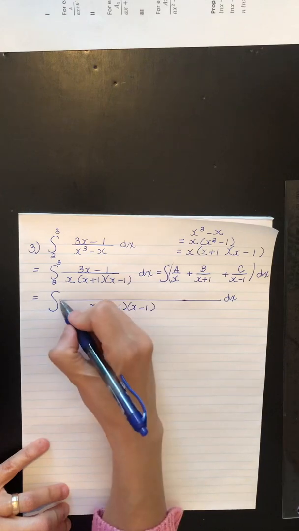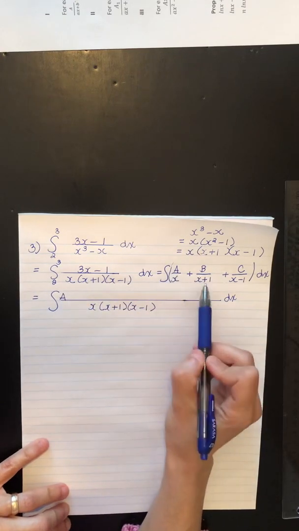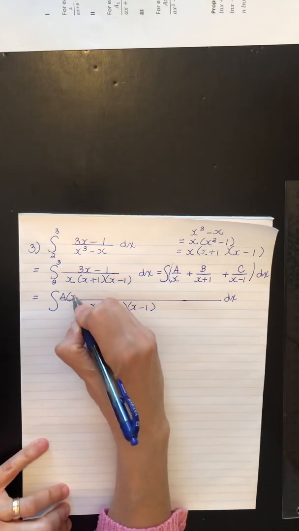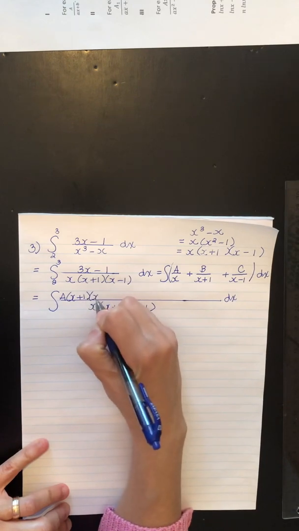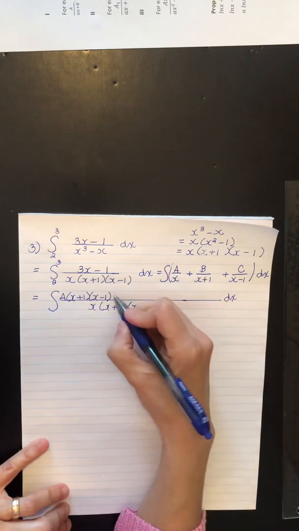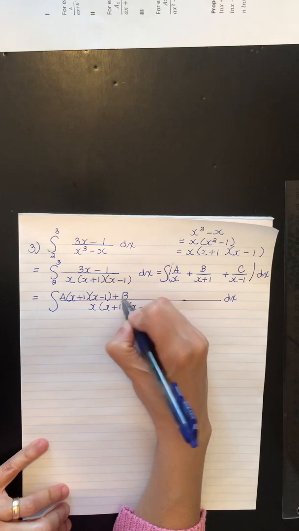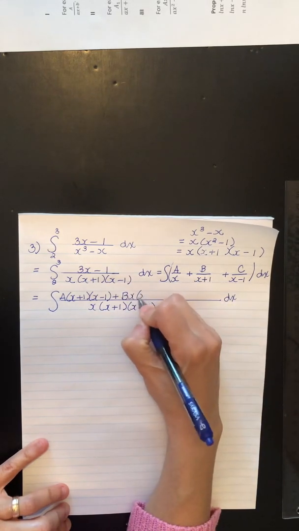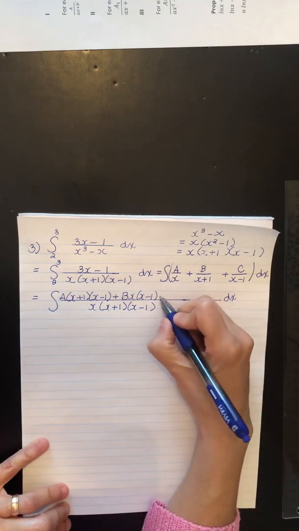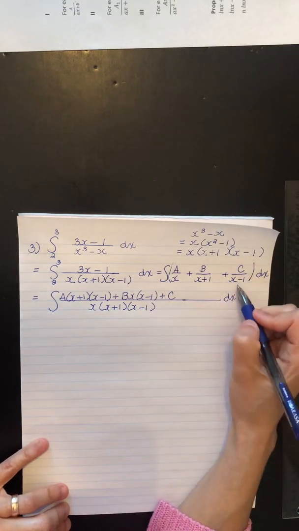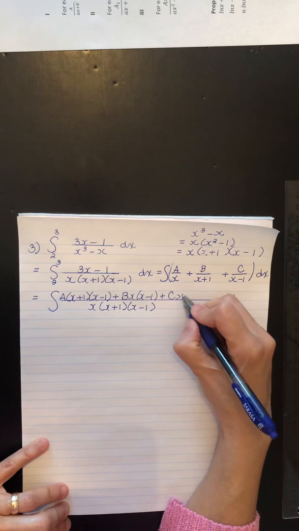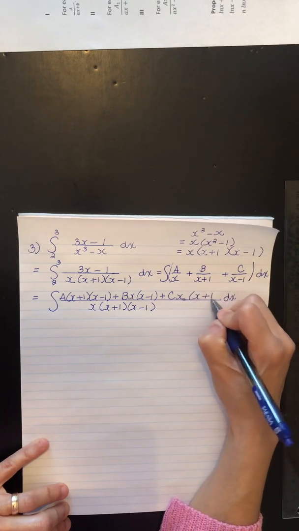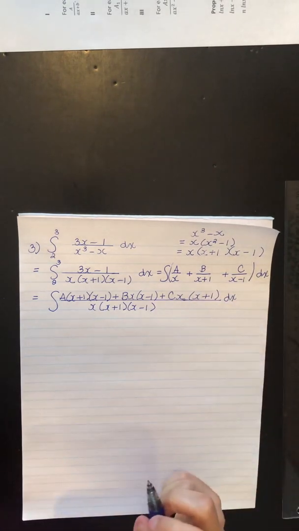Okay, a needs to be multiplied by both x plus 1 and x minus 1. Move on to plus b, which will be multiplied by x and x minus 1. Lastly, plus c, x plus 1, like this.